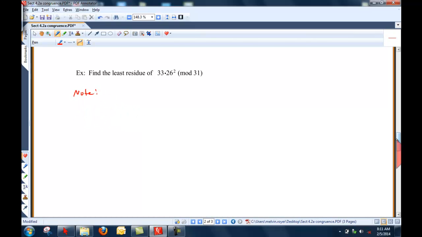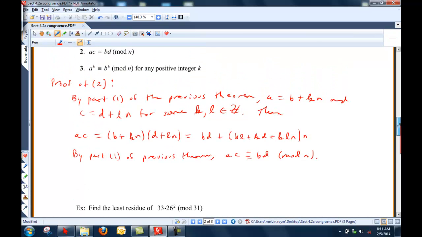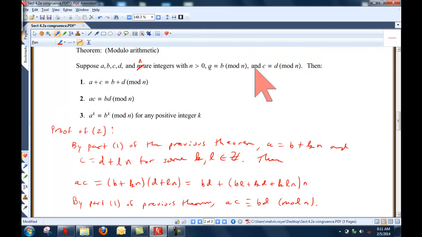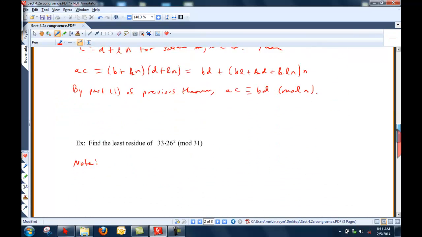Note that from the previous properties, if I replace A by something that it's congruent to mod N, and C by something it's congruent to mod N, then when I add or multiply, the congruence relationship is maintained.